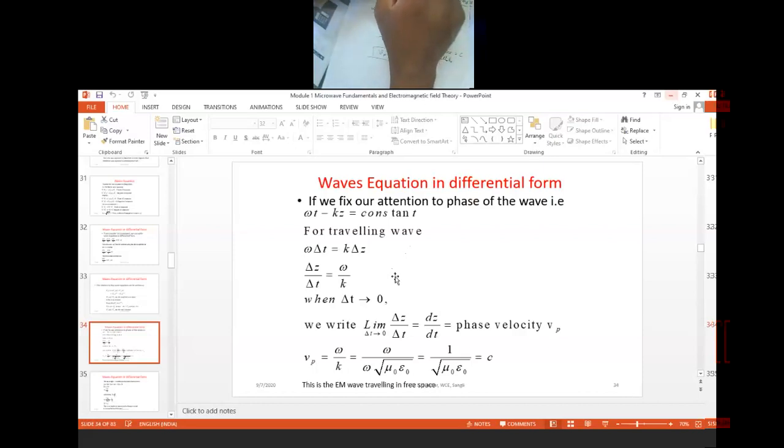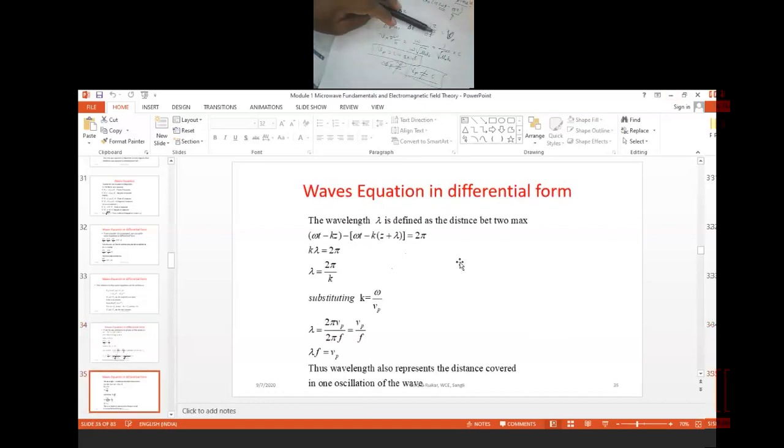If the wave is propagating in a different medium, then Vp is not equal to c. Vp is not equal to c in the condition of a different medium. But here Vp is equal to c because the condition is that it is propagating in free space.